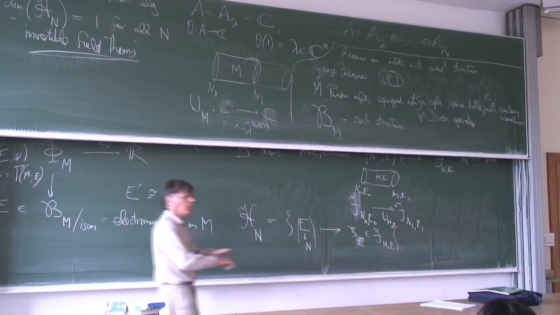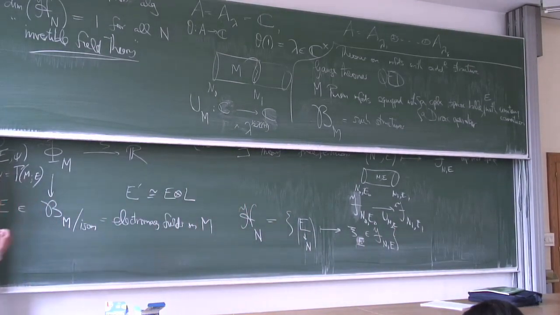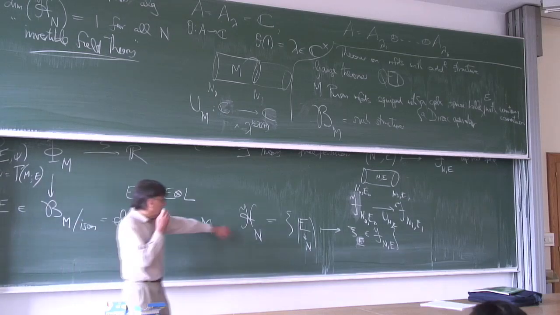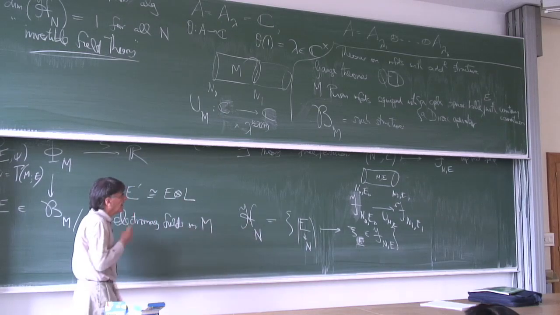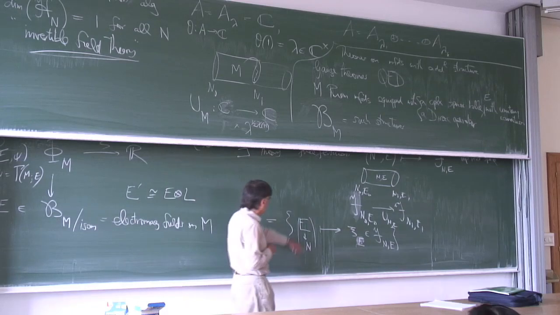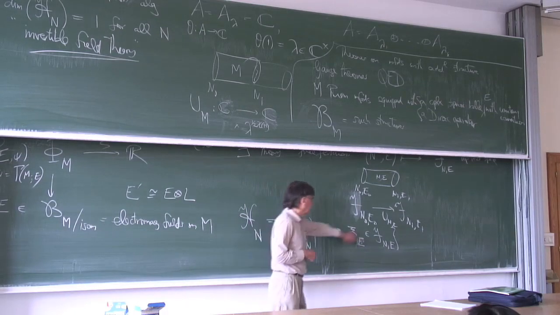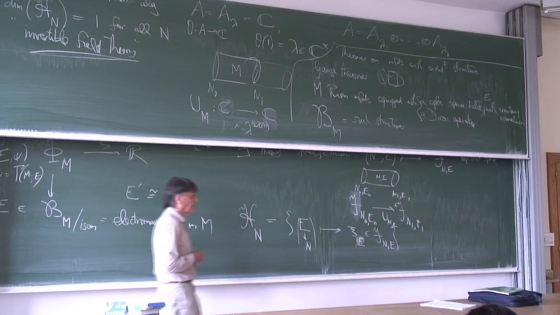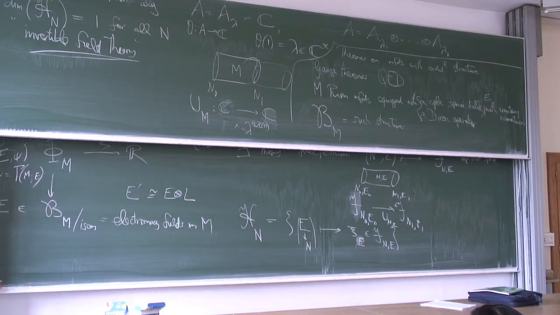So a wave function, so to speak, a point in the Hilbert space for the space slice N will be something which for each spinor bundle gives you something in the appropriate Fock space. In other words, in classical language, the wave function will depend on the electromagnetic field.